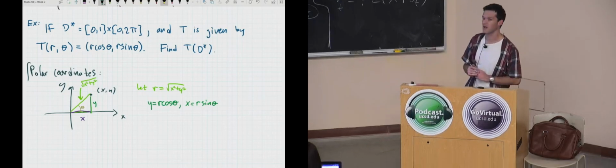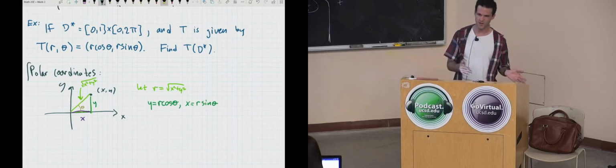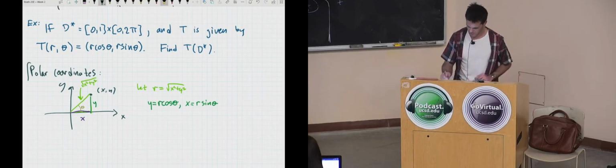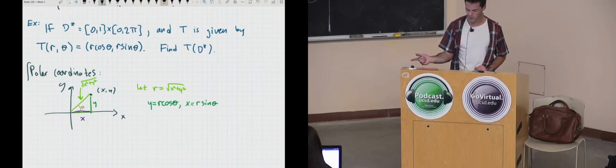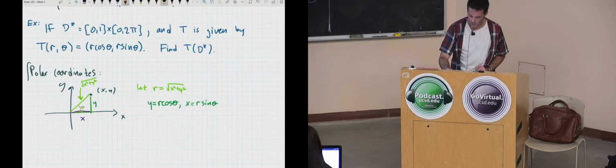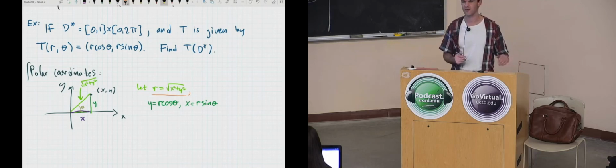So that's how you could convert from the polar coordinates to the rectangular coordinates. You could convert from rectangular coordinates to polar coordinates using this formula for r. And the formula for theta is a little bit trickier.